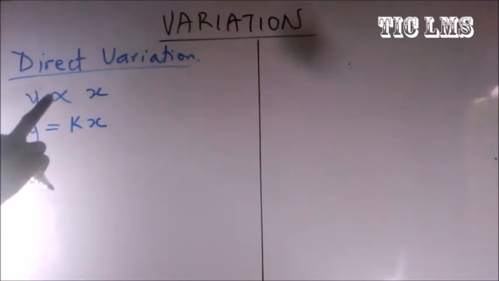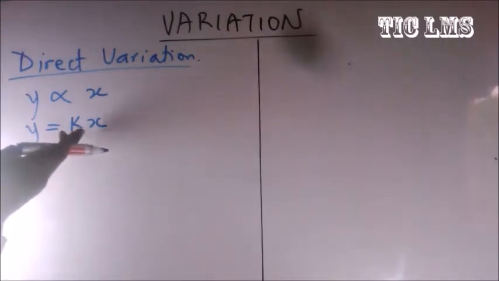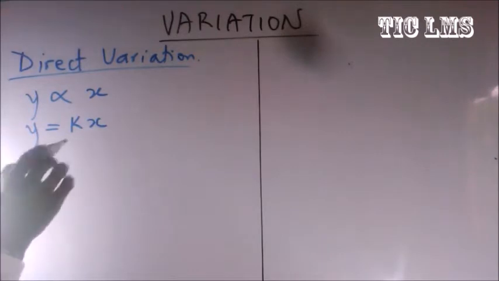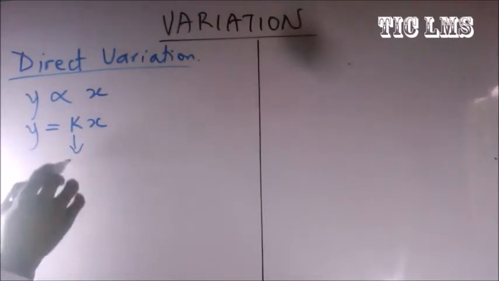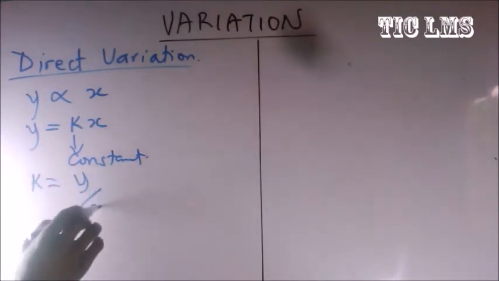So the proportionality sign has turned to equal to k, and we just write it straight as kx. Where y and x are the variables and k is the constant, making k the subject of formula, k will be equal to y over x.